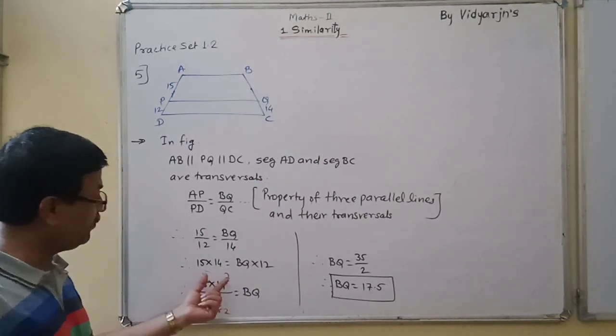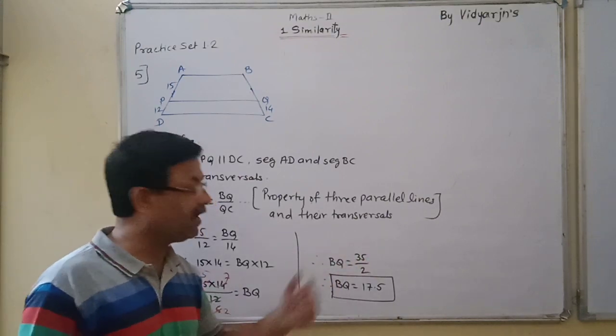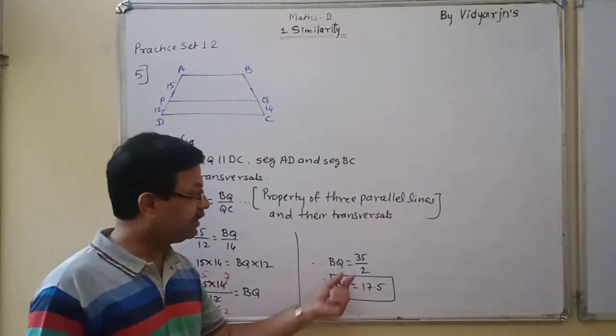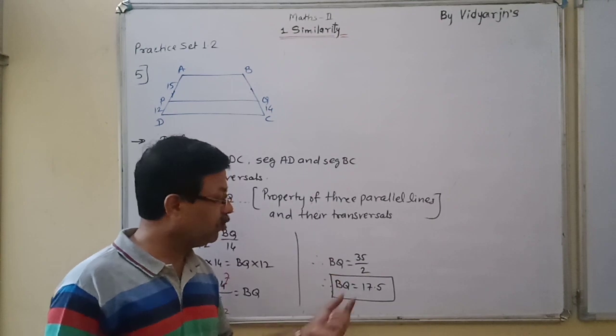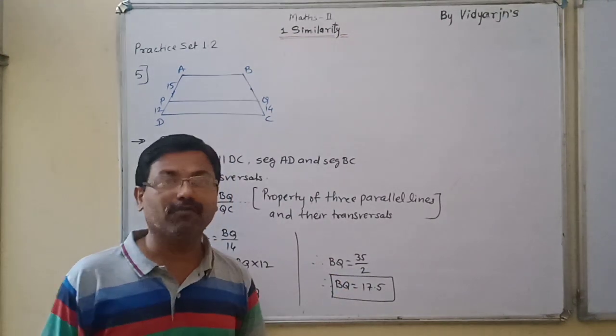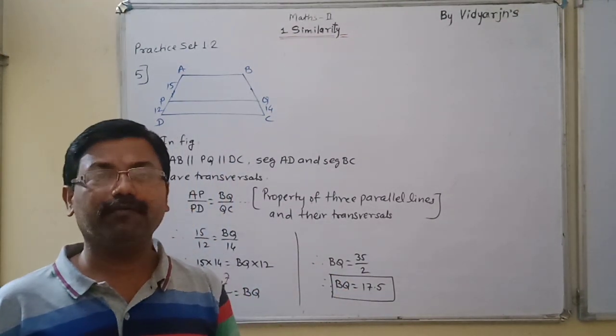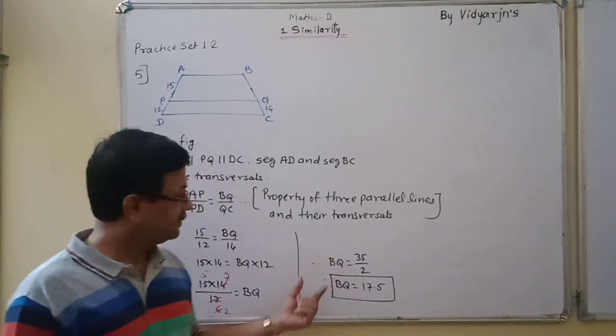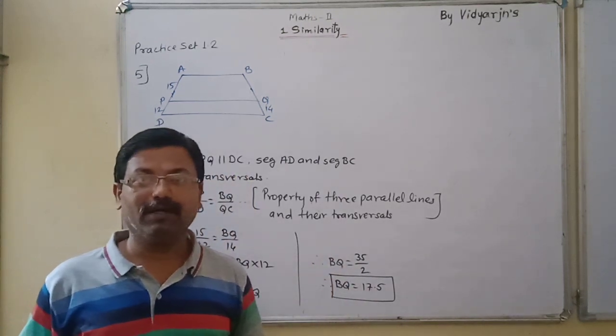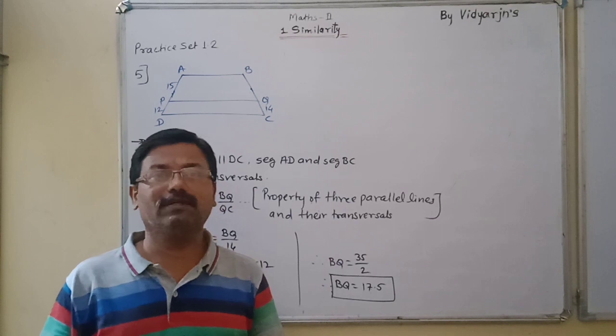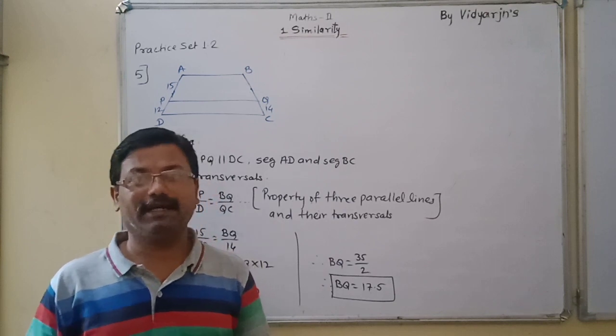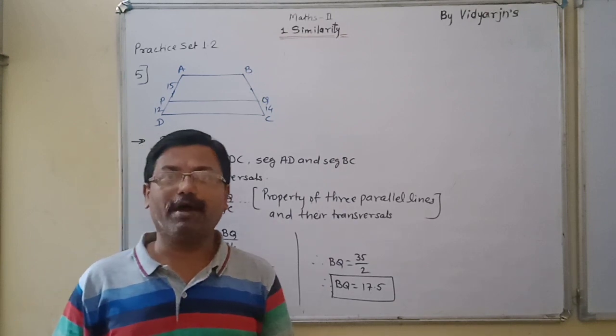Therefore we get 5 into 7 is equal to 35 upon 2. Now divide 35 by 2 and we get PQ is equal to 17.5. This is the fifth example. We will solve the remaining examples of practice set 1.2 next.